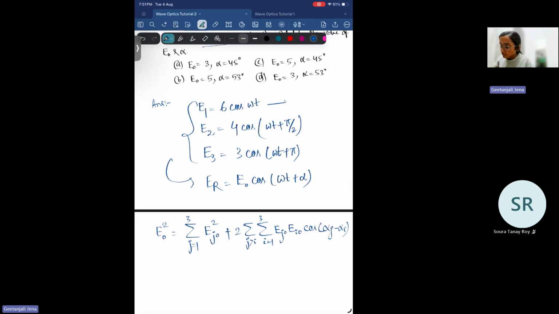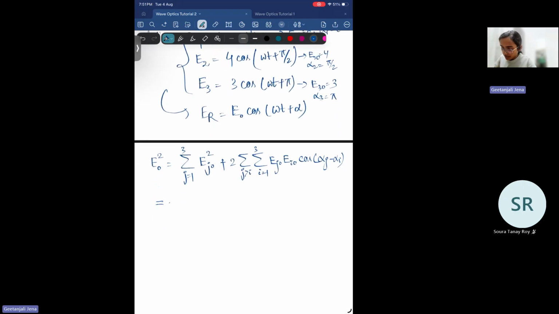So from this, E10 is 6, alpha 1 is 0, E20 is 4, alpha 2 is pi by 2, E30 is 3, alpha 3 is pi.